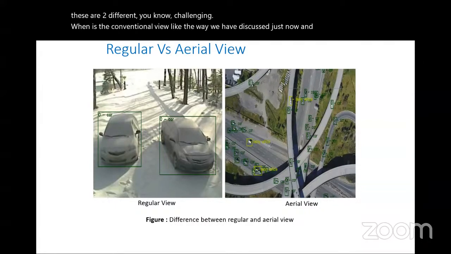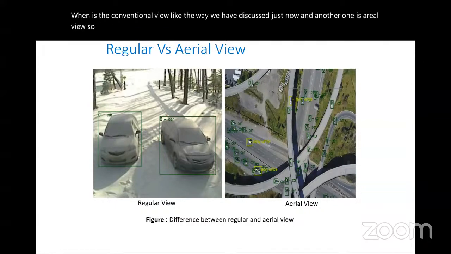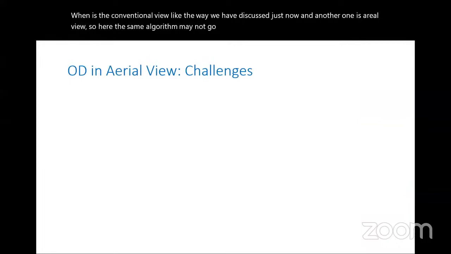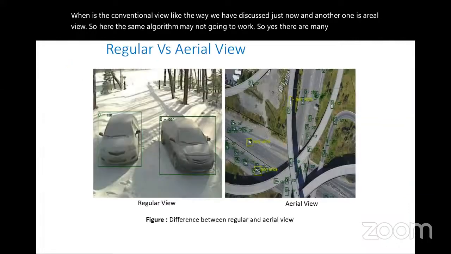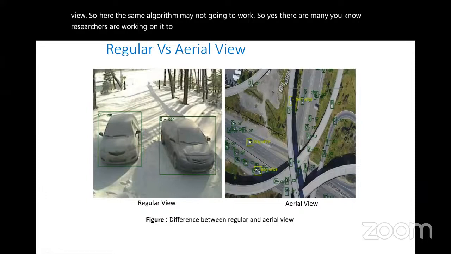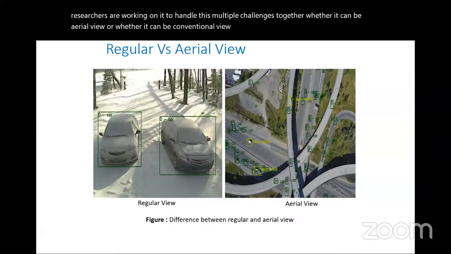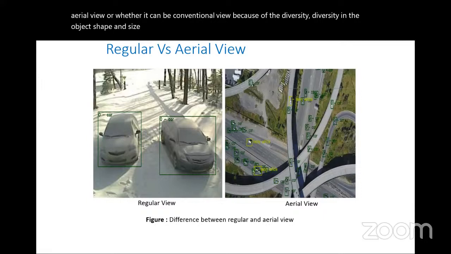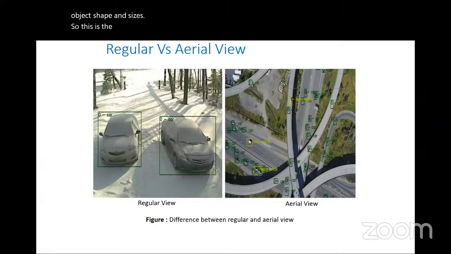Another is an aerial view. Here the same algorithm may not work. Many researchers are working on handling these multiple challenges together, whether aerial view or conventional view, because of the diversity in object shapes and sizes. So the research is still open.